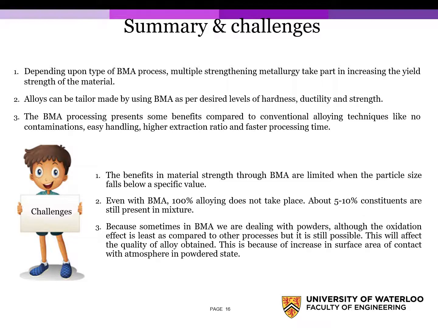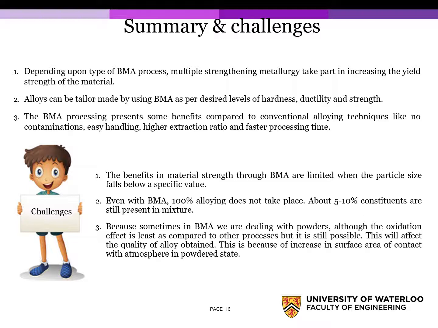The benefits in material strength through BMA are limited when the particle size falls below a specific value. Even with BMA, 100% alloying does not take place. Still, 5 to 10% constituents are present in the mixture.